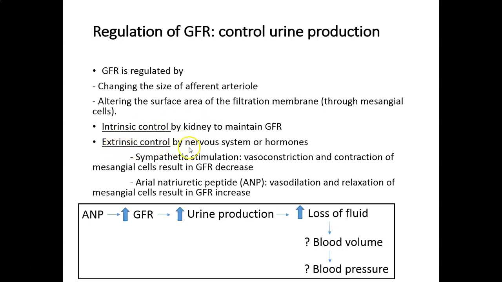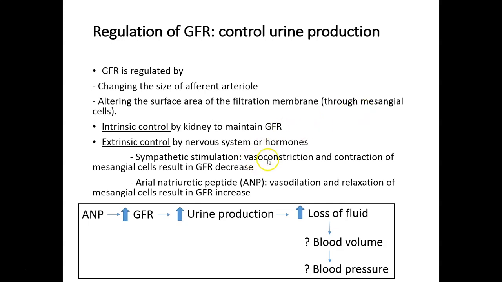Extrinsic is by the nervous system, factors from outside of the urinary system. The nervous control is through sympathetic stimulation. Sympathetic stimulation, if you remember, can increase the heartbeat and blood pressure, but can also decrease the urinary output. That's when we learned about sympathetic stimulation in A&P 1.